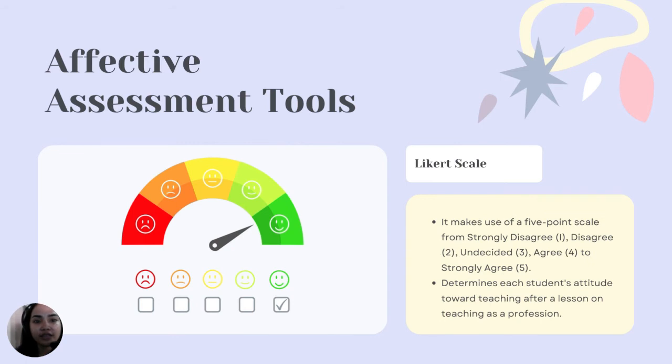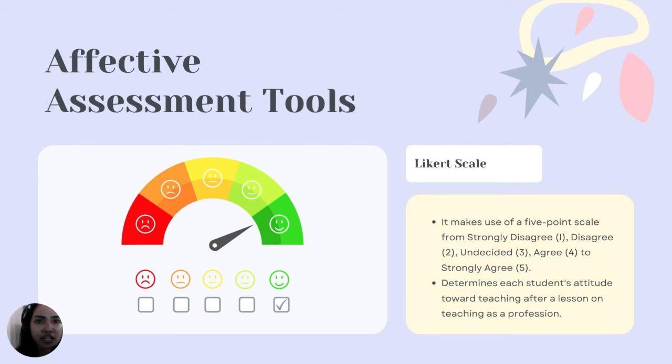So, affective assessment tools. The different methods of assessing learning or development in the affective domain, namely observation, student self-report, and peer ratings, make use of assessment tools such as Likert scale, semantic differential, checklist, sentence completion, and students' written reflection.